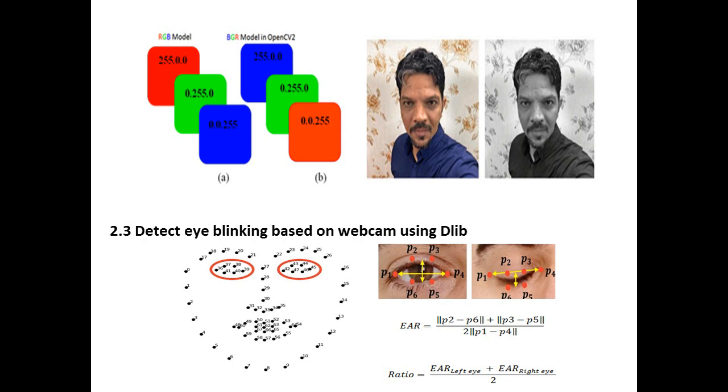Note that OpenCV tends to load color images in reverse order, specifically BGR, as shown in the figure. Once the face landmarks are discovered, they are used to generate new landmarks inside the loop to convert the color image to a grayscale image, as shown in the figure.